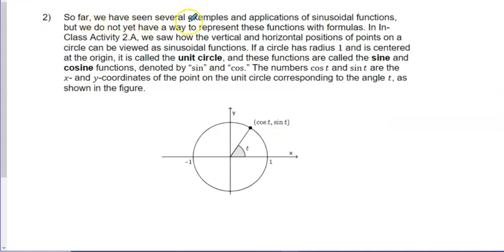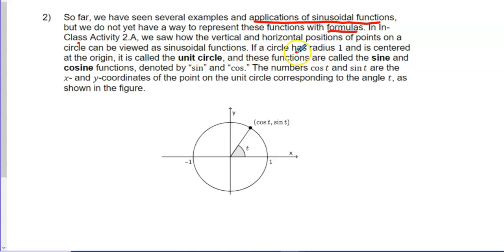So far, we have seen several examples and applications of sinusoidal functions, but we do not yet have a way to represent these functions in formulas. In class activities 2A, we saw how the vertical and horizontal positions of points on a circle can be viewed as sinusoidal functions.